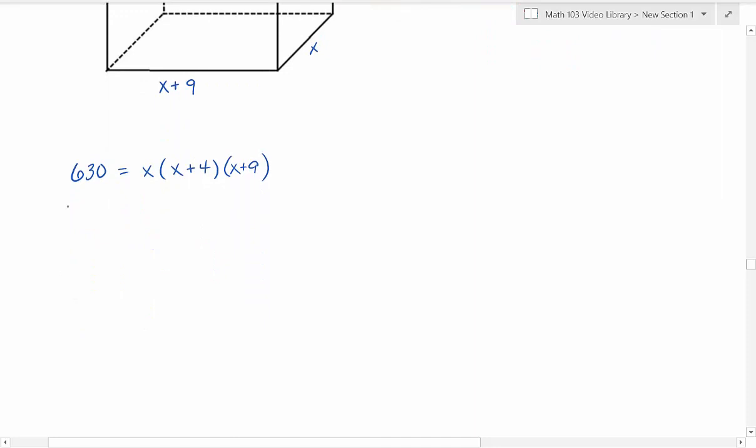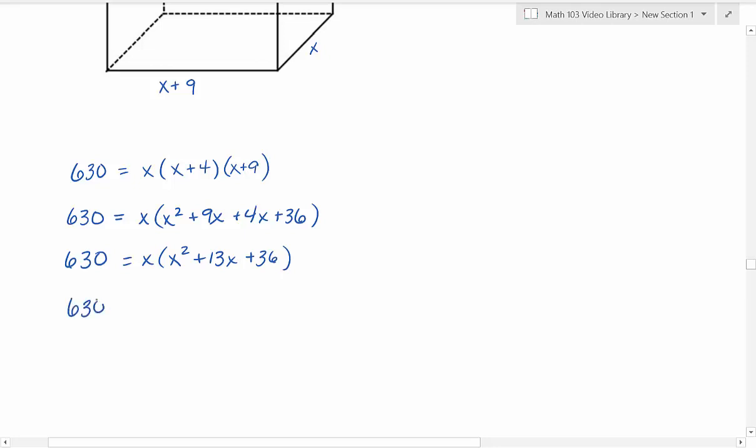Next, we'll multiply this all out. That gives us 630 equals x times x squared plus 9x plus 4x plus 36. That's 630 equals x times x squared plus 13x plus 36.